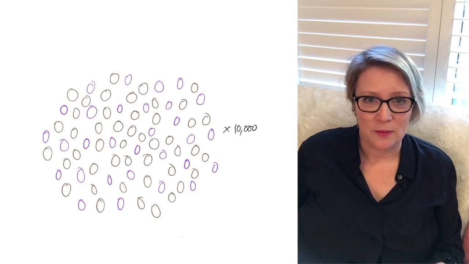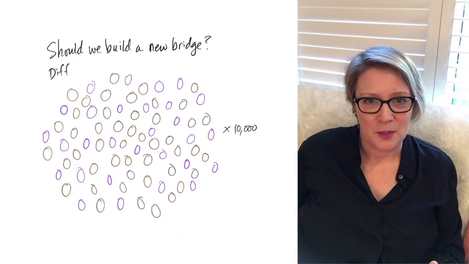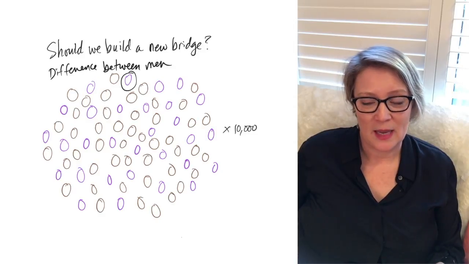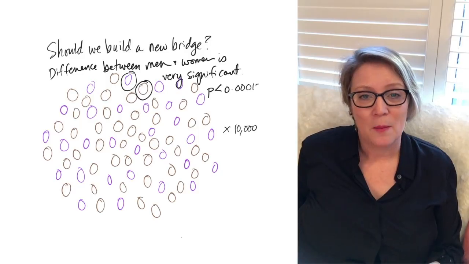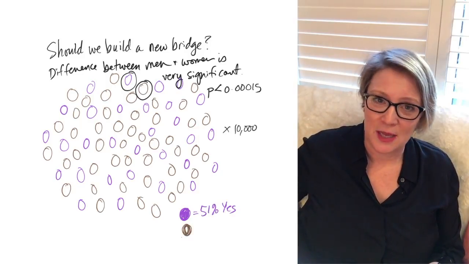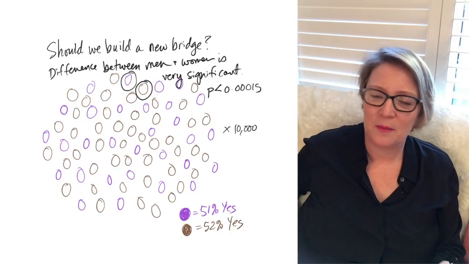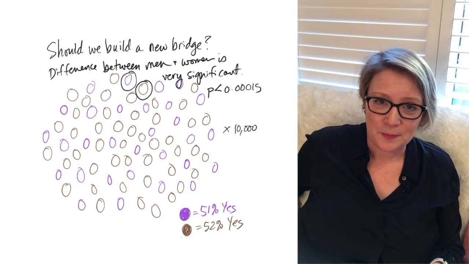If there's a public poll that involves 10,000 people and they're asking whether there should be a new bridge built in your community, and they want to look if there's a difference between men and women, they can analyze that data and say, yes, there is a statistically significant difference between the percentage of men that want this bridge built versus the percentage of women that want this bridge built. The p-value is very, very low, 0.00015, because they have a huge sample.